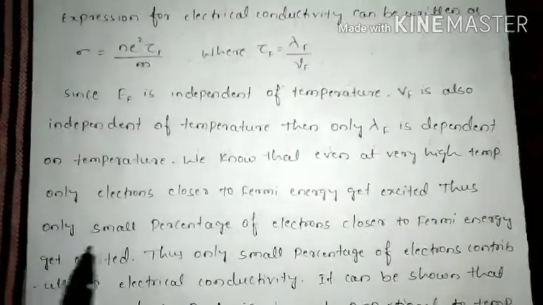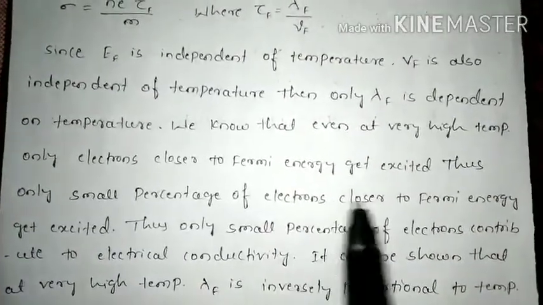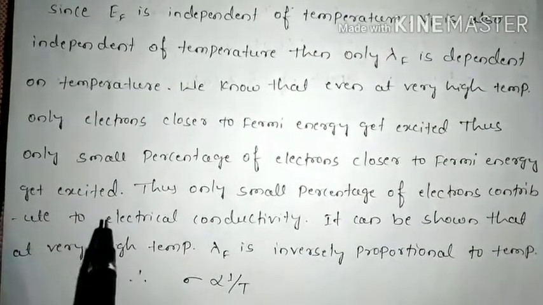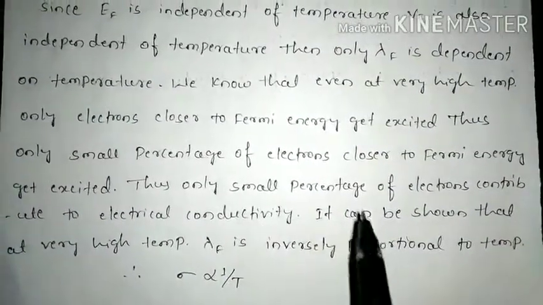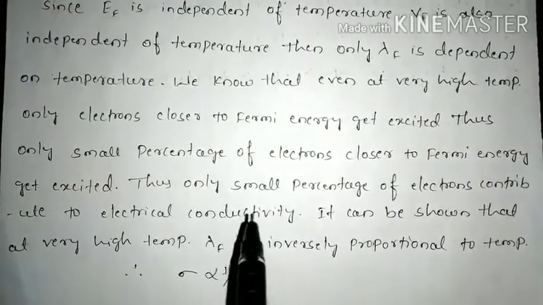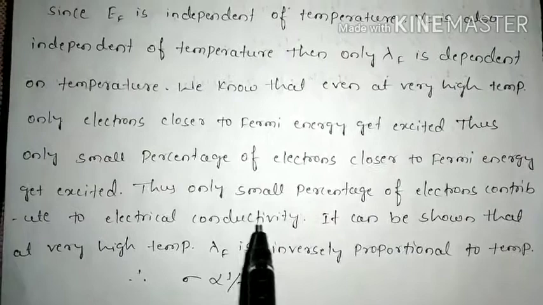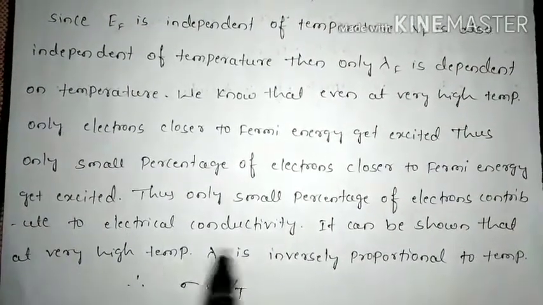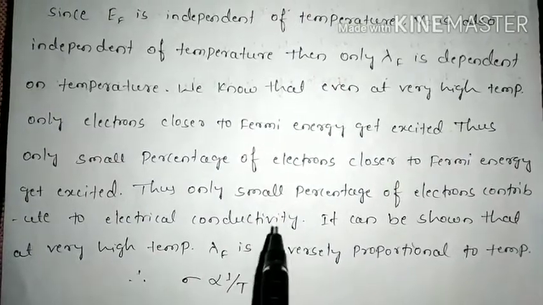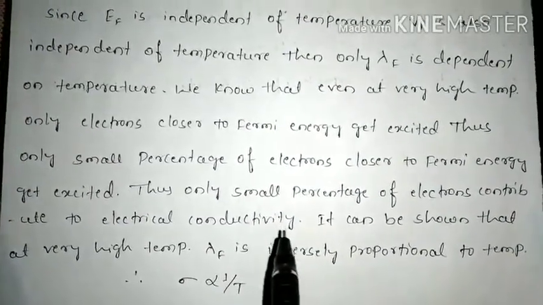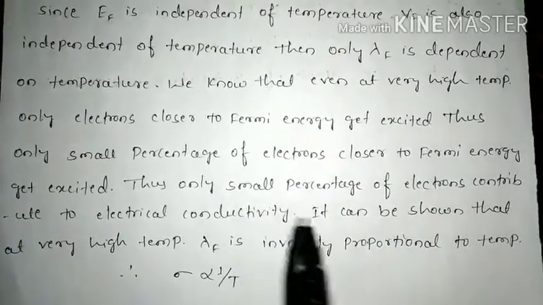Thus only a small percentage of electrons close to Fermi energy get excited, and thus only a small percentage of electrons contribute to electrical conductivity. This is important. In classical mechanics it says all electrons contribute to the electrical conductivity, but that is not true.